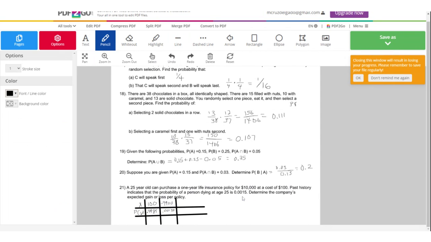Now we just got to multiply these down. So that's just going to move this over 2 zeros. 99, 85. And then this one's going to be negative.